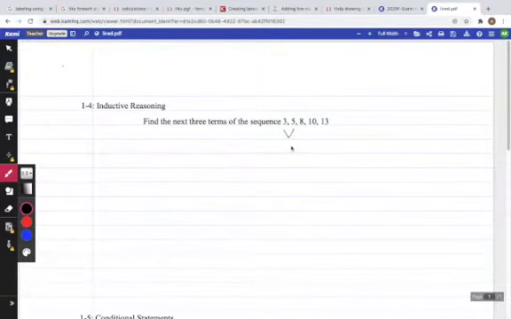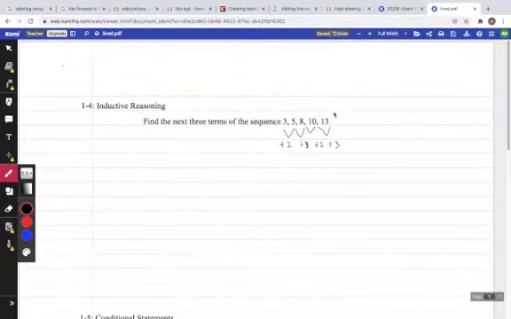3 and 5, to get from 3 to 5, I added 2. To get from 5 to 8, I added 3. And some people would just go, oh, so it's 4, 5, and so on. But clearly it's not. 8 to 10, we added 2. 10 to 13, we added 3.